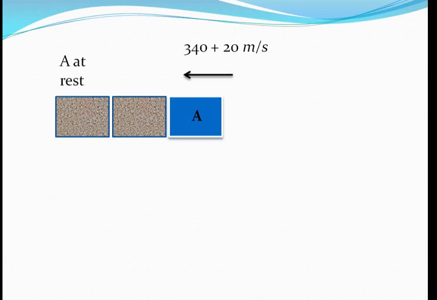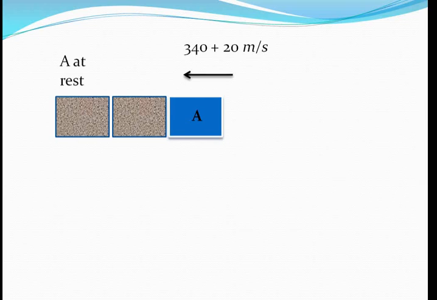That's the first question. Now if you look at the passengers in train A, the whistle has been blown here in the engine of train A. So sound is moving to the left towards the passengers at 340 meters per second.